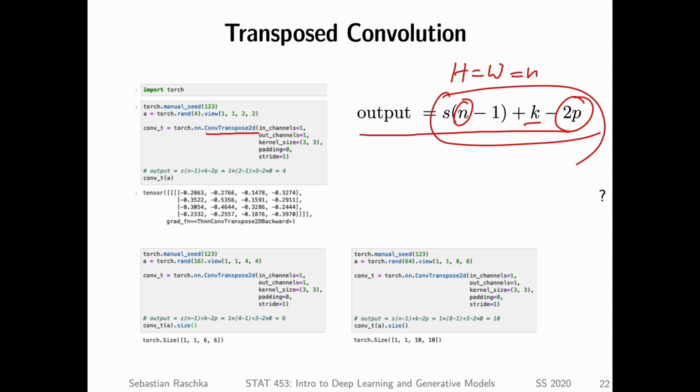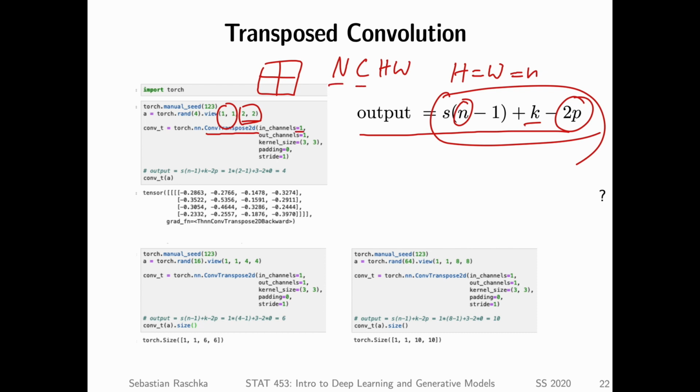And here I was just doing that for a very simple example, going from a 2 by 2 input. I'm doing this because remember in PyTorch they have the NCHW representation, where n is the number of examples and c is the number of channels.